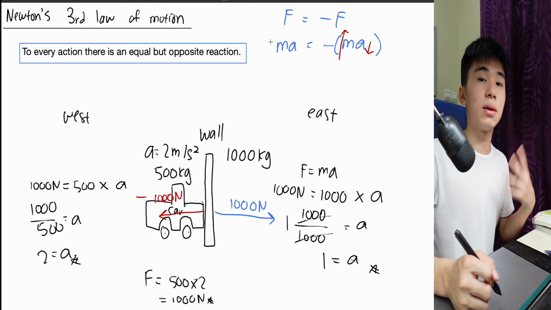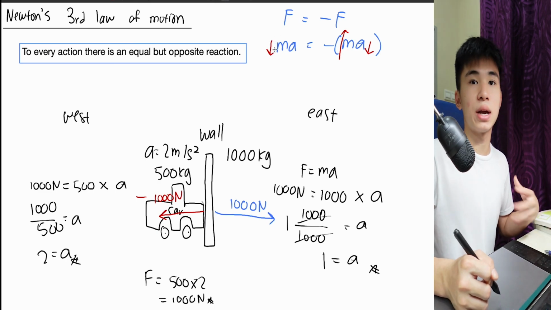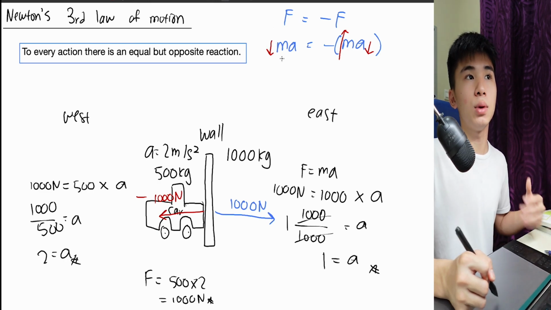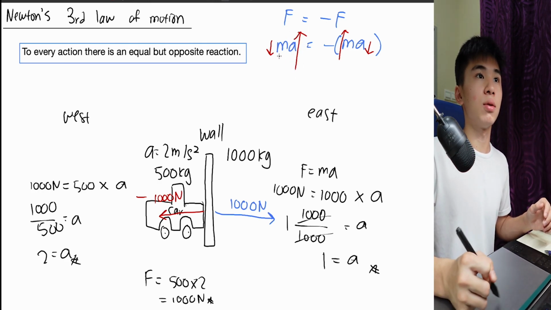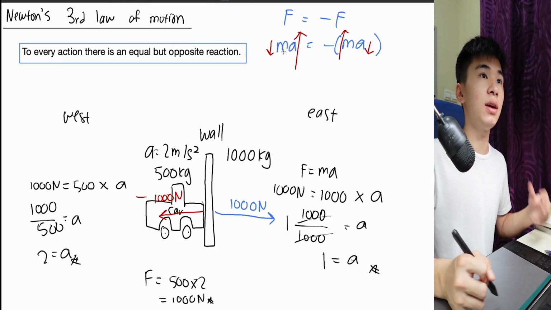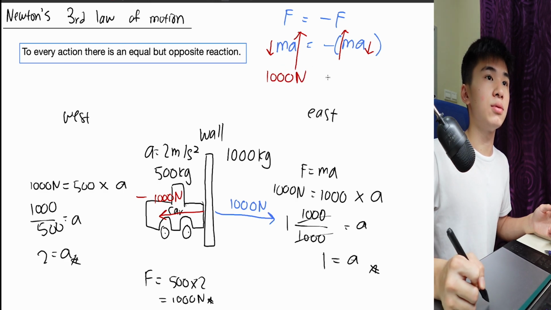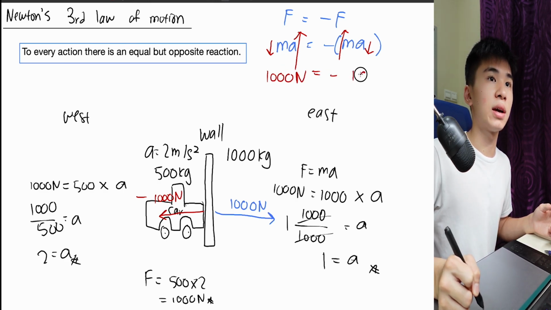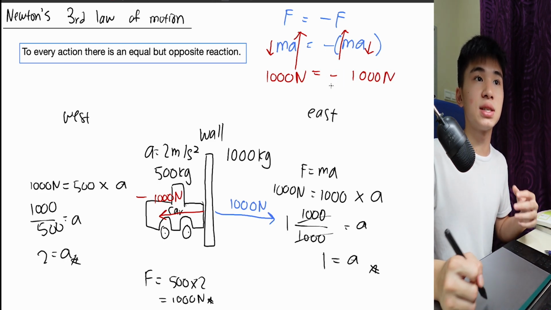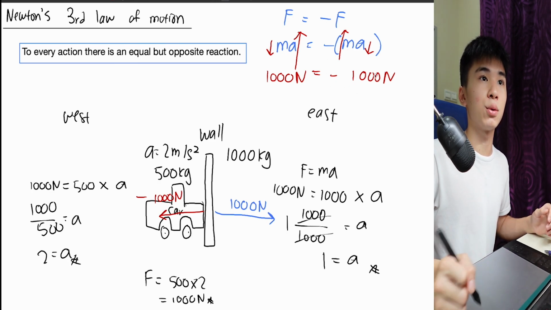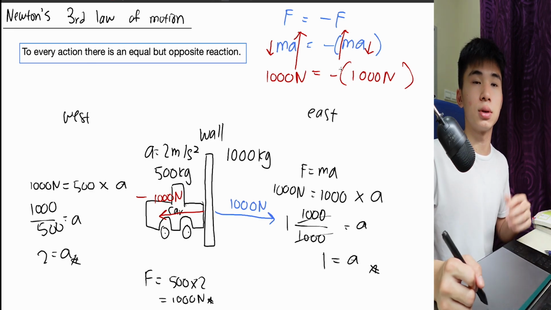For the car, the mass is lower, so I will put a downwards arrow, which means it is lower in mass, but we must have greater acceleration, so that at the end of the day, the magnitude of the force is going to be the same, which is 1000 newtons equals negative 1000 newtons. Just remember, don't focus too much on this negative sign in this equation, because we are basically talking about the ma, the magnitude.